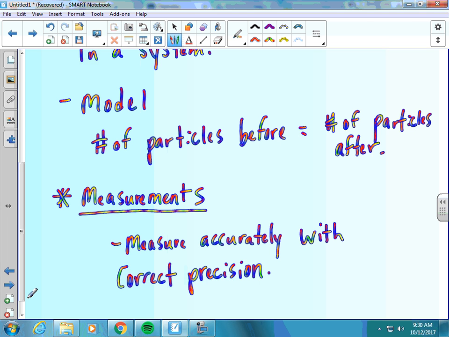All right. So we should be able to look at a graduated cylinder and say, what is the measurement with the correct precision? That's a biggie. That's what we're talking about.